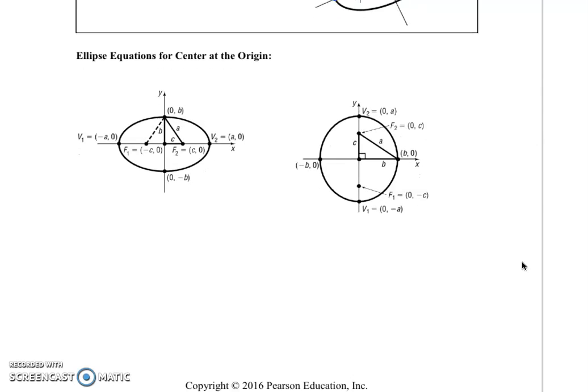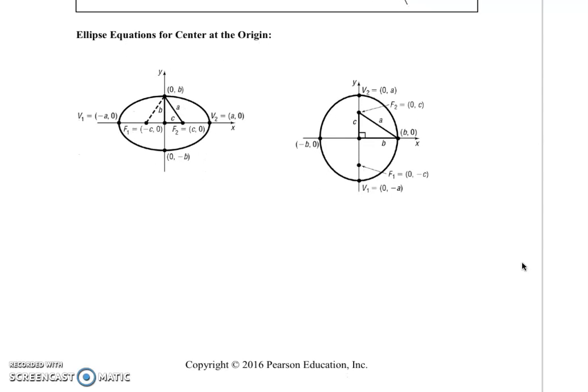So let's talk about these ellipses. We're only going to worry about ellipses whose center is at the origin. Our first ellipse has the major axis on the x-axis.